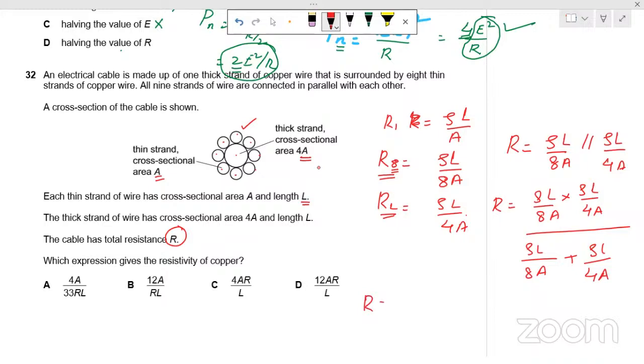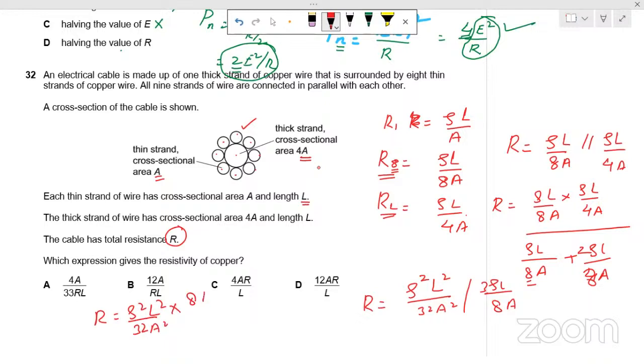We have to find rho as the subject of the formula. Simplifying the numerator, rho square L square over 32 A square, divided by, with the common denominator 8, 3 rho L by 8A. That is rho square L square by 32 A square times 8A divided by 3 rho L.